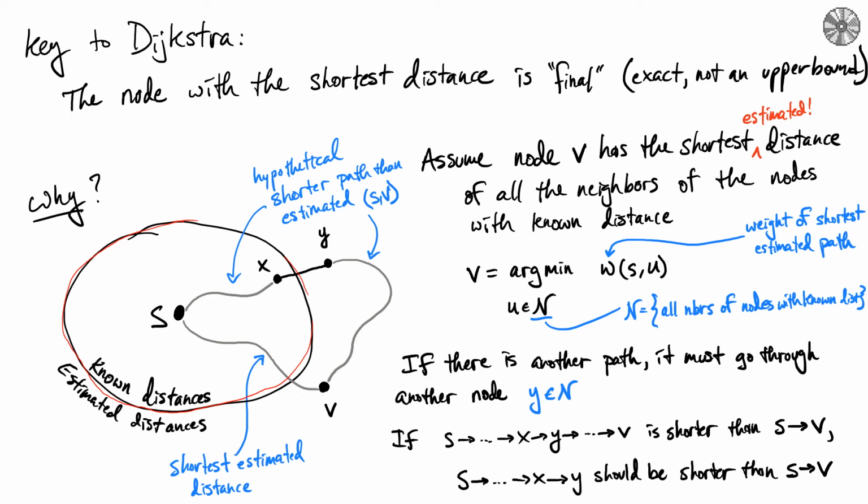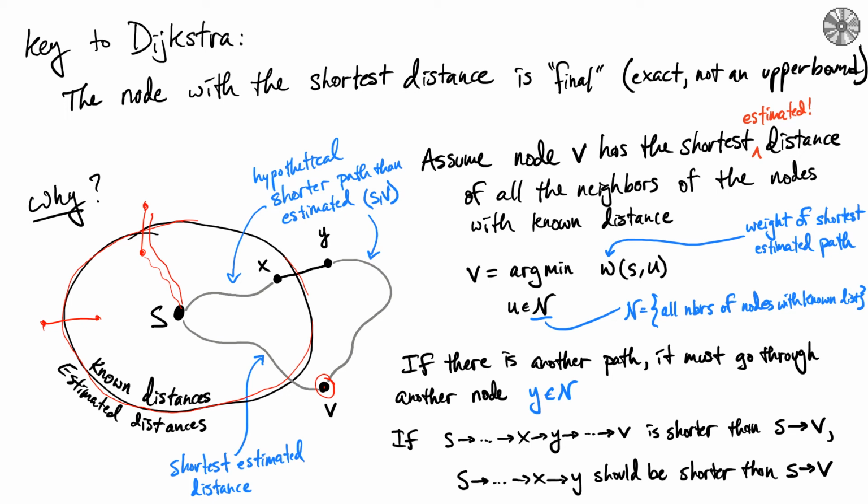And so if we have a node V that's sitting outside of this known distances, that has the shortest distance among all the neighbors of all the known nodes, so if there's another node in here and there's a connection out to another node, and this distance is shorter than the distance from S to V, and all other neighbors of known distance nodes, then it has to be the one that has a certain distance.